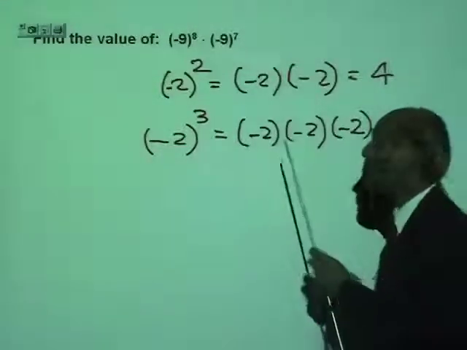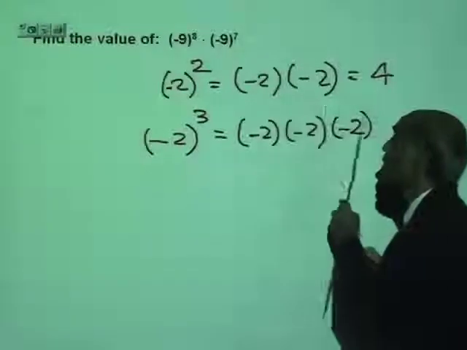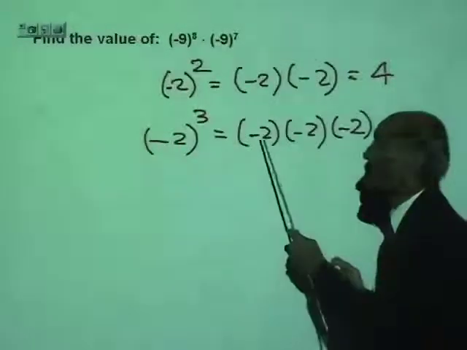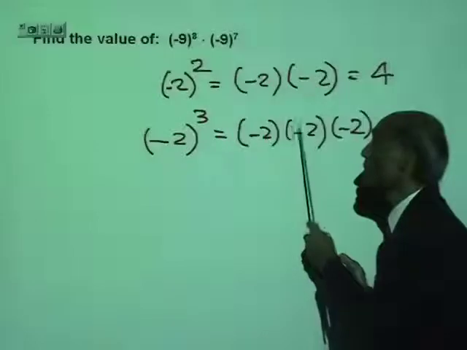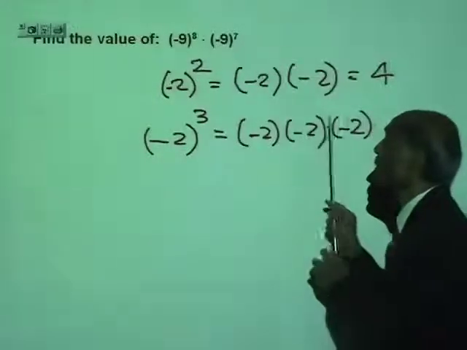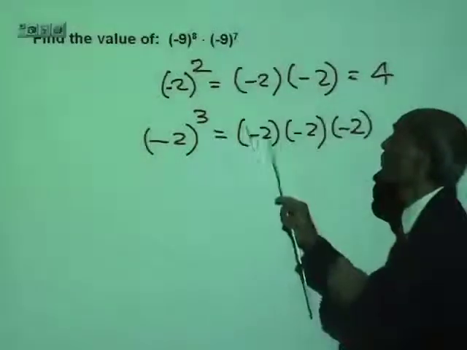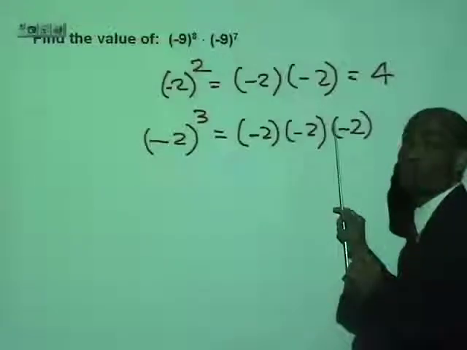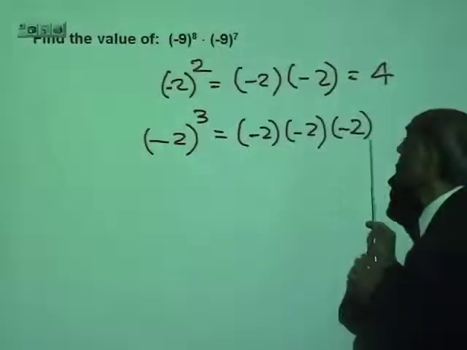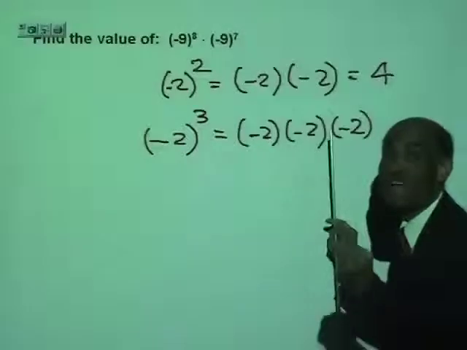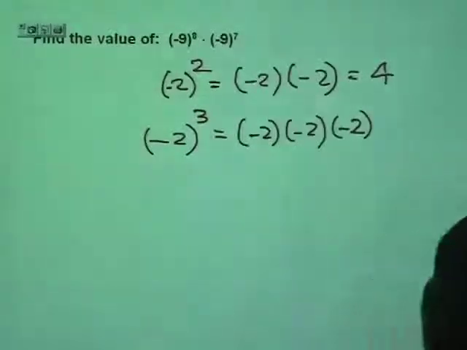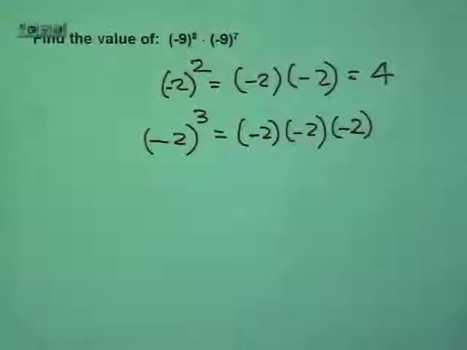Now tell me, what will be the sign of this number? A negative 2 multiplied by a negative 2 will be a positive 4, and a positive 4 multiplied by negative 2 will be negative 8. So the value of this will be negative 8.